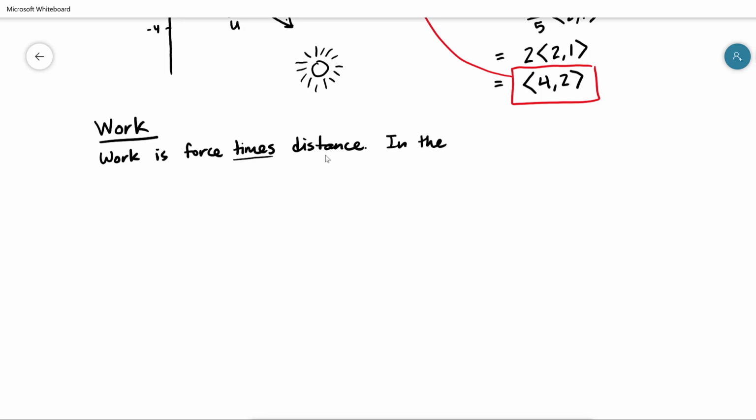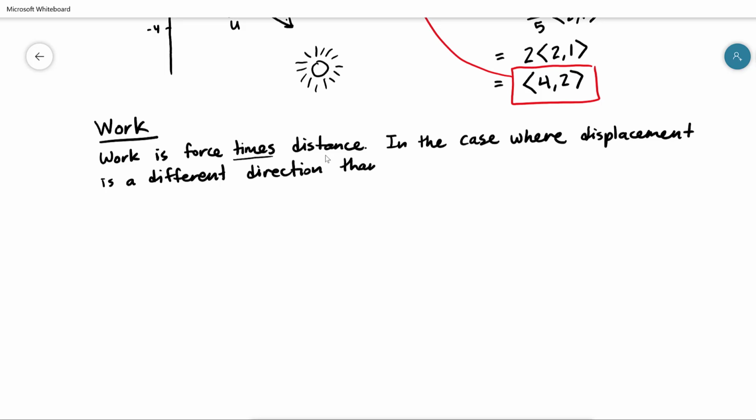So in the case where the displacement, so where it actually moves, is a different direction than the force, we use vectors and the dot product to compute work.